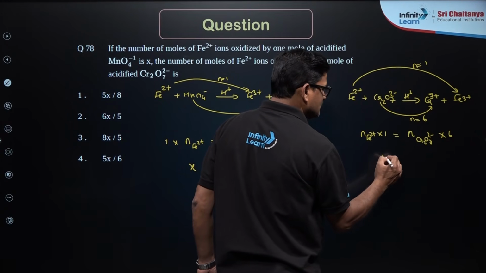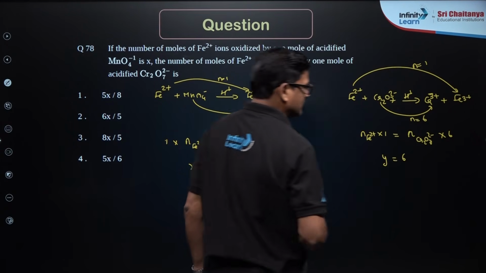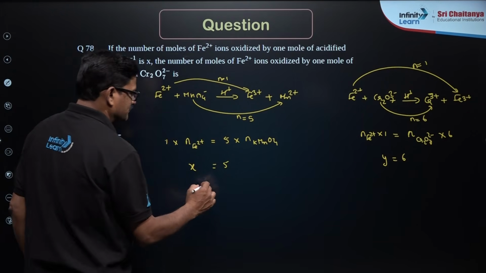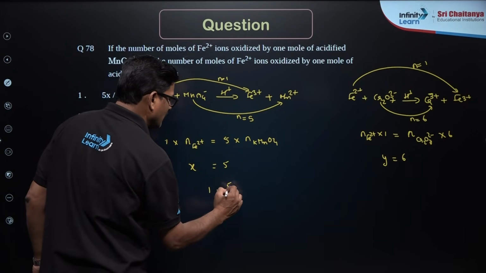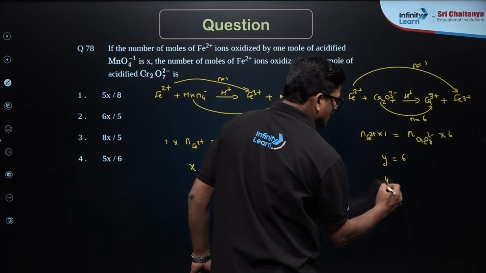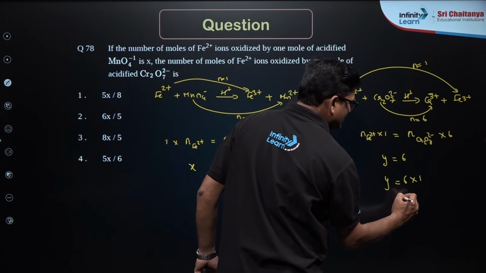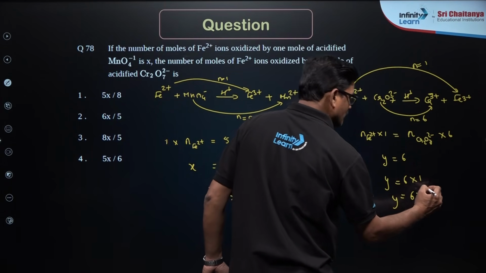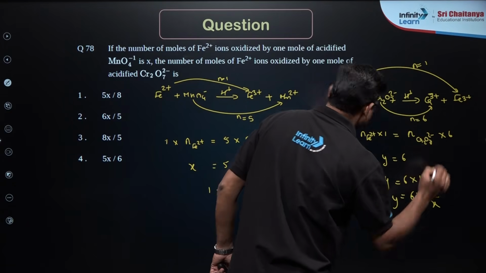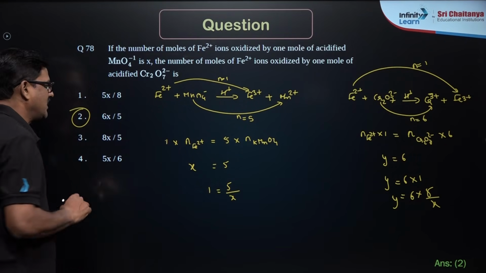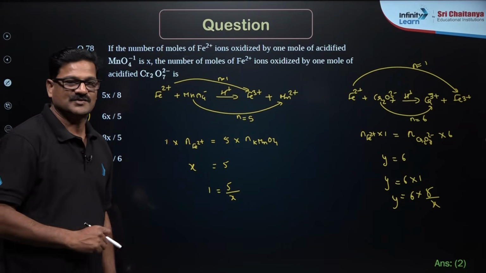Now it is going to be 1 is equal to 5 by X, you can say. So Y is equal to 6 into 1, which is Y is equal to 6 into 5 by X. So based on that, the answer for this question is 6x by 5.